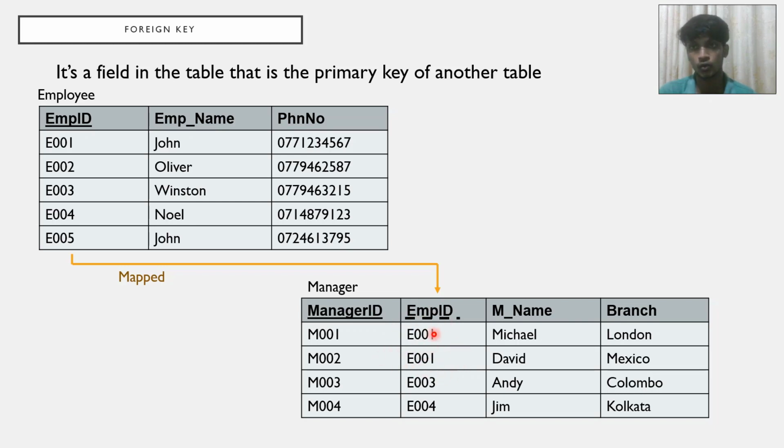So is it wrong or not? Wrong or correct? Well, there is nothing wrong with it, because this is just a foreign key, and I said the primary key is the one that should contain unique values. I never said a foreign key should contain unique values.